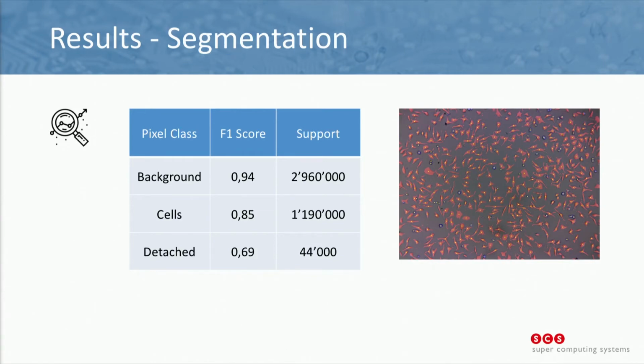For the detached cells, which are shown as blue dots on the image, and that are simply cells that are not attached to the bottom of that assay anymore, the F1 score is not that good, but our cell count results showed that it doesn't matter that much, actually.